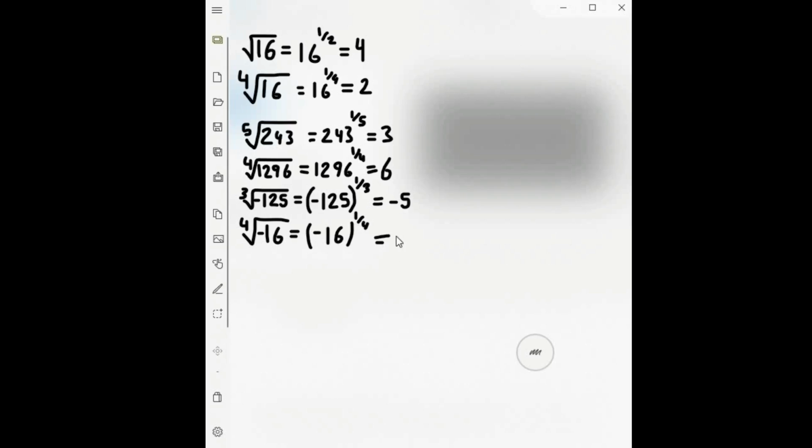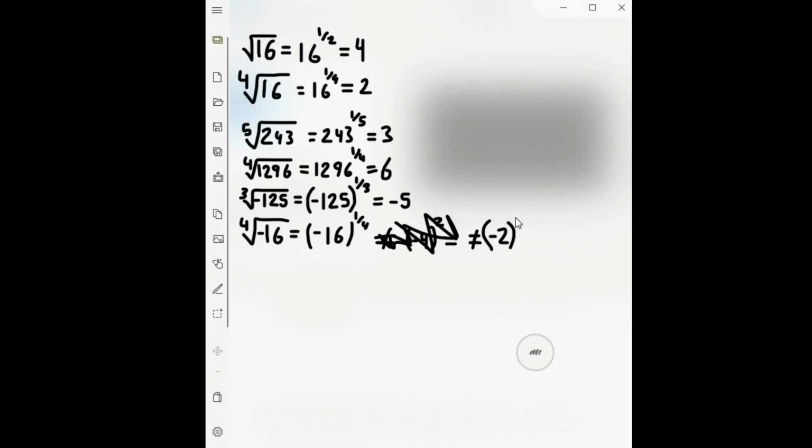And for this one, there's technically not an answer, because if there's a negative number and an even number exponent, you'll always have a positive answer. So this one doesn't really work technically.